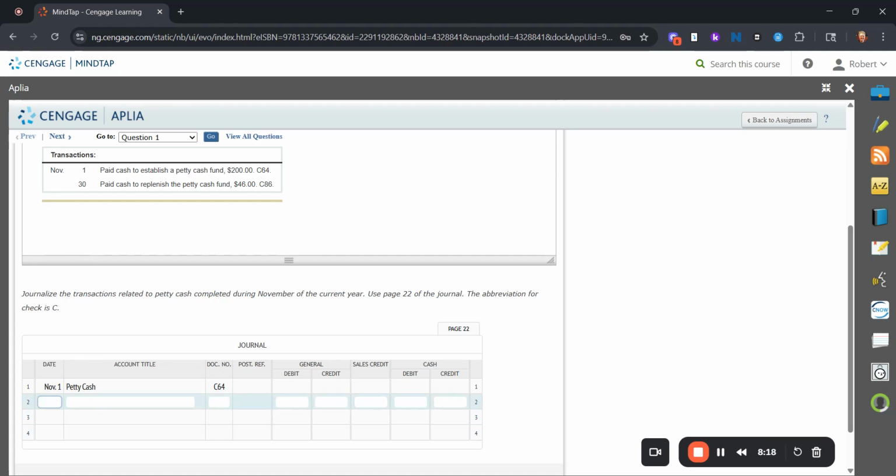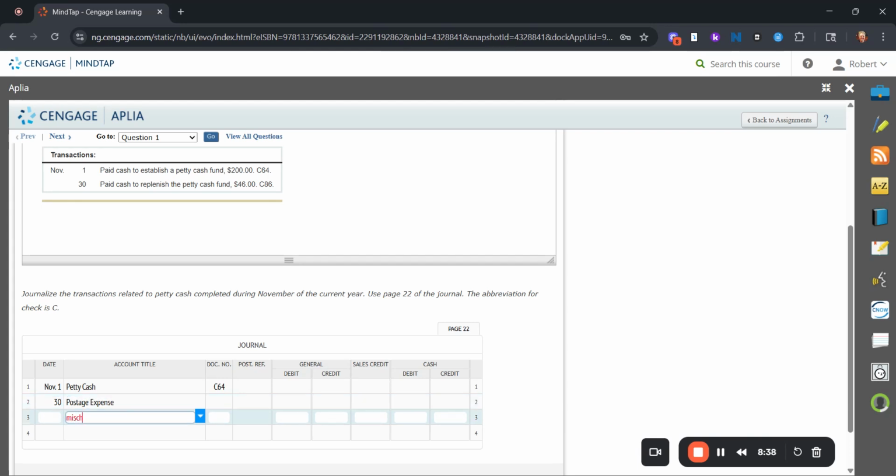Okay, so we've got to put in these others. So the 30th, we had a postage expense. Remember, all these have to go in their own accounts in the ledgers. Postage expense.